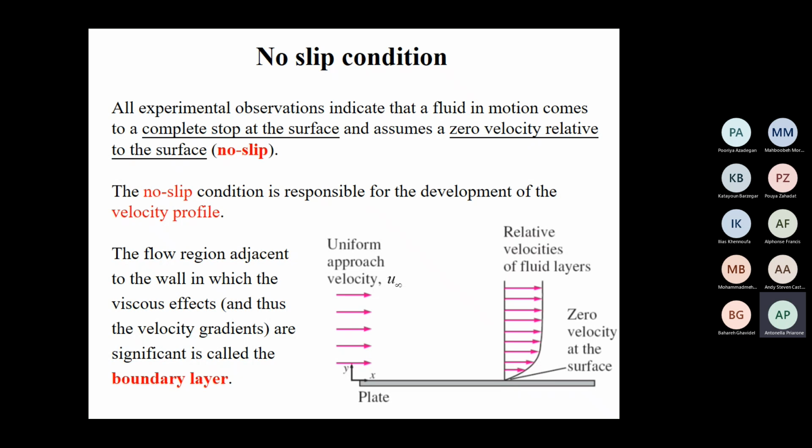This creates a zone in which the velocity changes from 0 to the undisturbed value, and this creates a sort of velocity profile. The shape is like this one. This zone is called boundary layer. It is the zone in which the velocity changes from 0 to almost the undisturbed velocity.